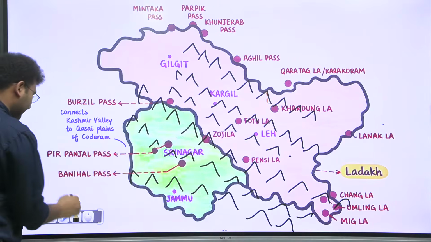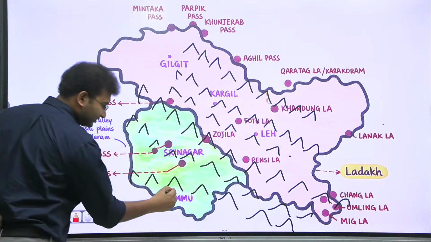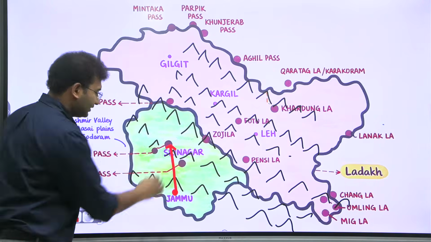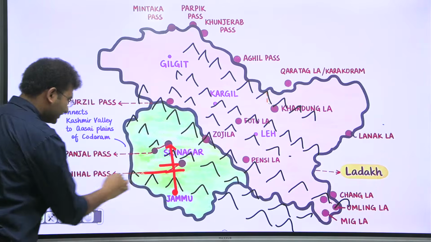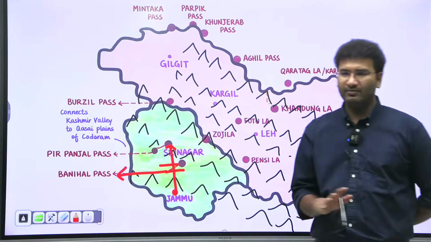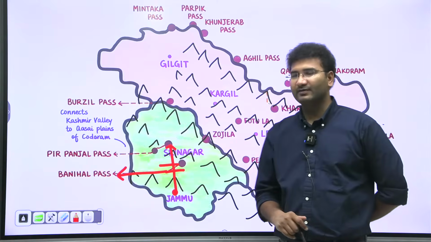Please understand these cities. First, Jammu. If you want to travel from Jammu to Srinagar, the pass that you're supposed to cross is Banihal Pass, right? Only important passes you need to know. First pass is Banihal Pass.